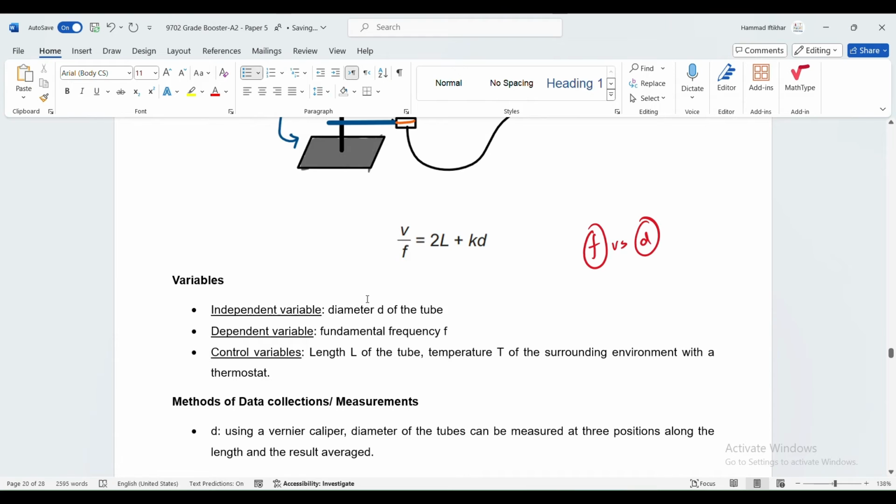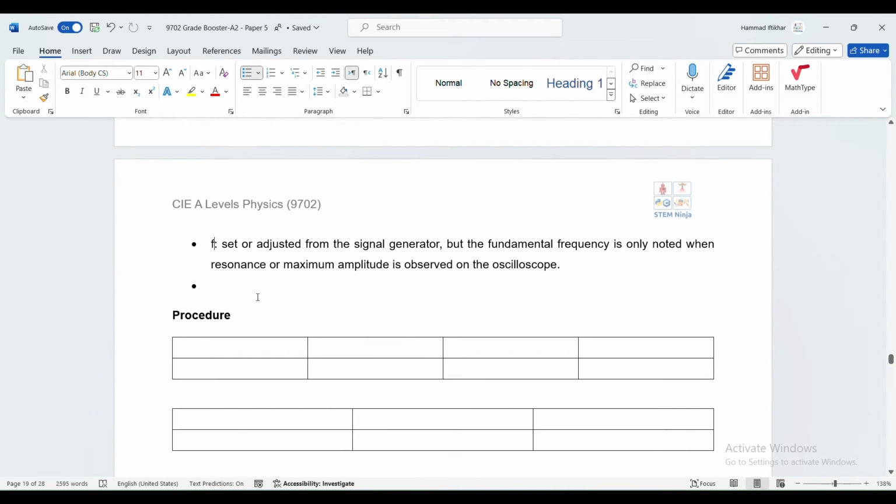What else was there? D and F. L is the length.